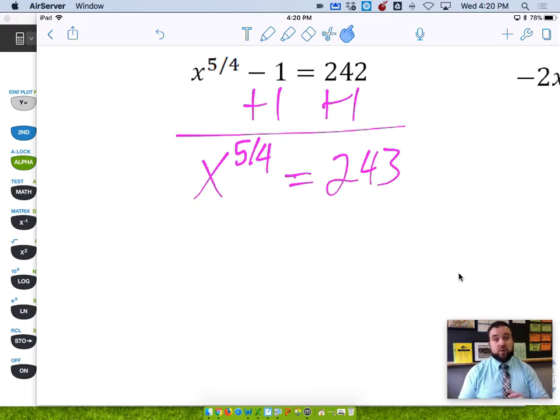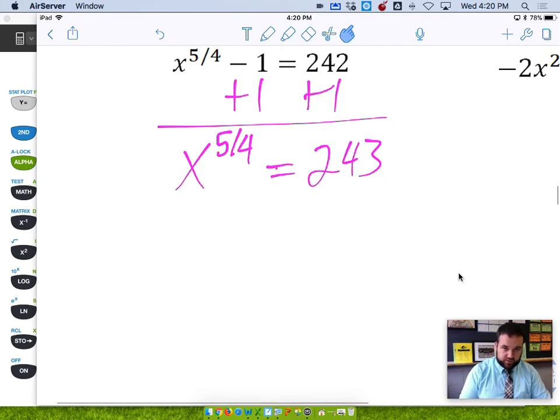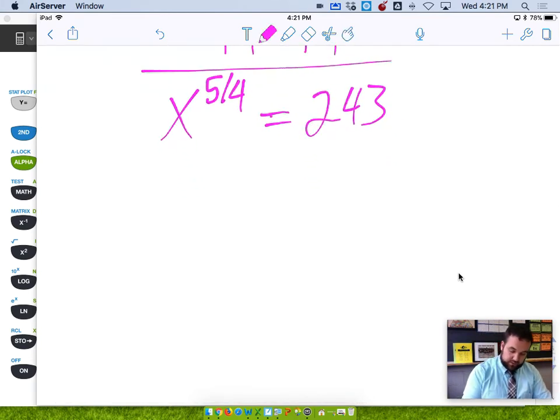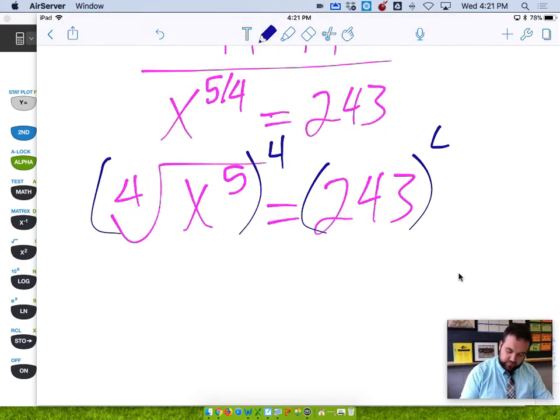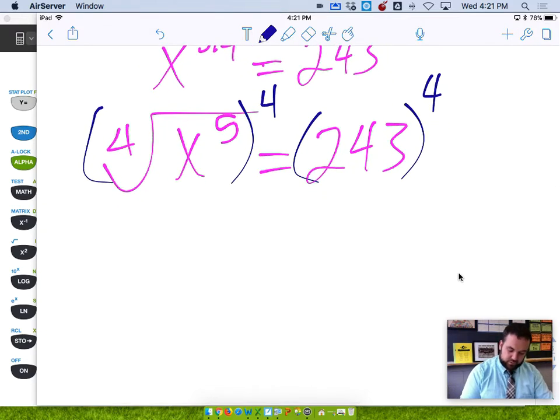Now, I could rewrite this into a radical and say this is the 4th root of x to the 5th equals 243. I could then raise both sides to the 4th power because I know that's what will get rid of the radical on the left side.